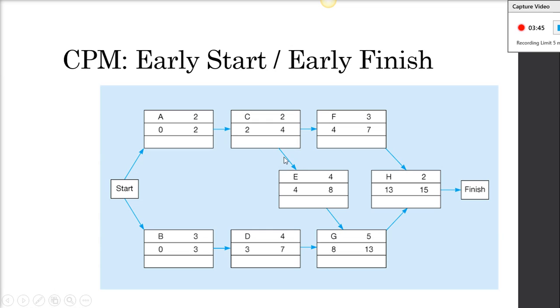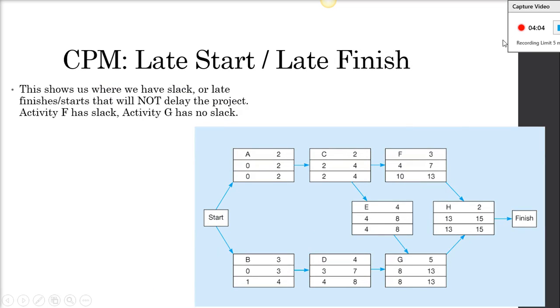So we're going to do a forward pass and mark all of the early start and early finish times. Early finish time is just the early start time plus the expected amount of weeks it takes to accomplish it. And next we're going to go through the late start and late finish path.